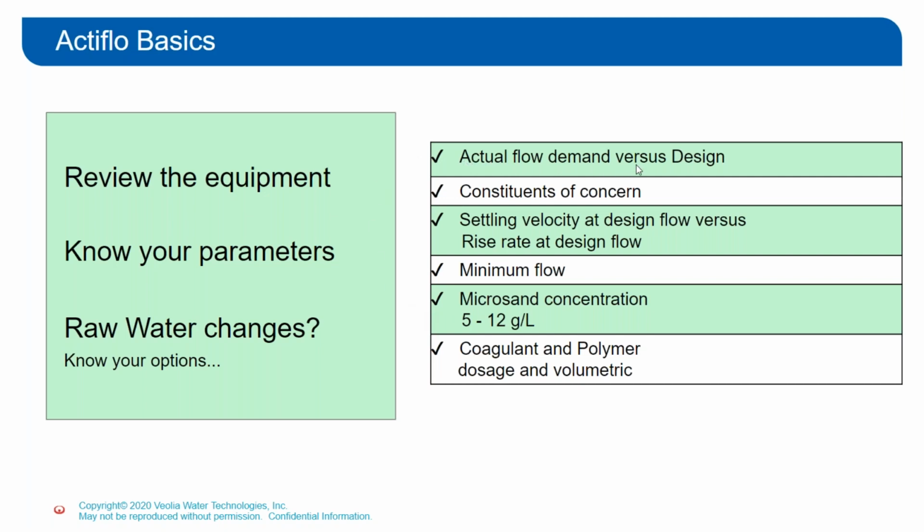increases or decreases. And the reason I have actual flow versus design is because I have found time after time that the Actiflo likes to run on the higher range.